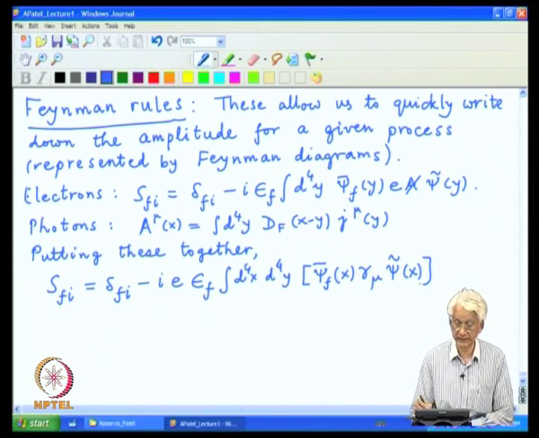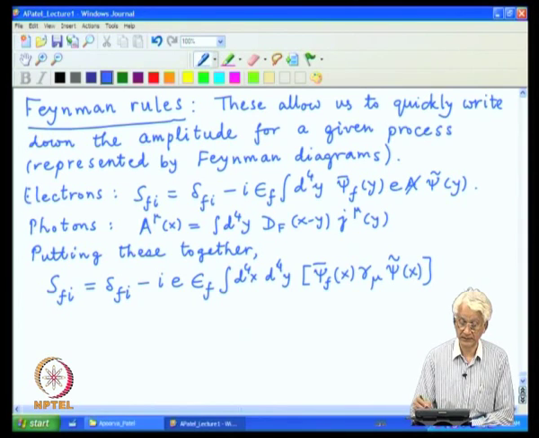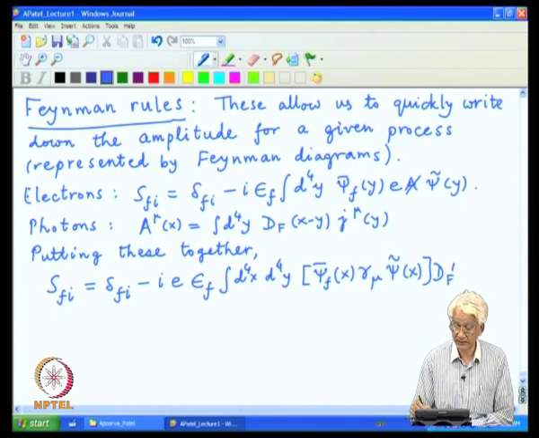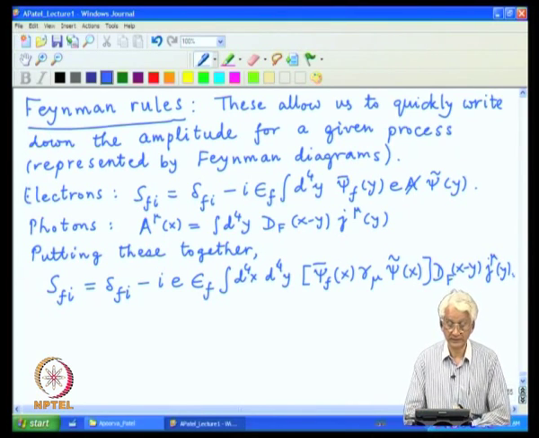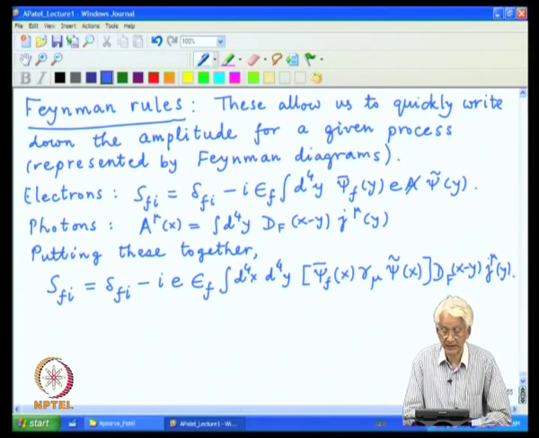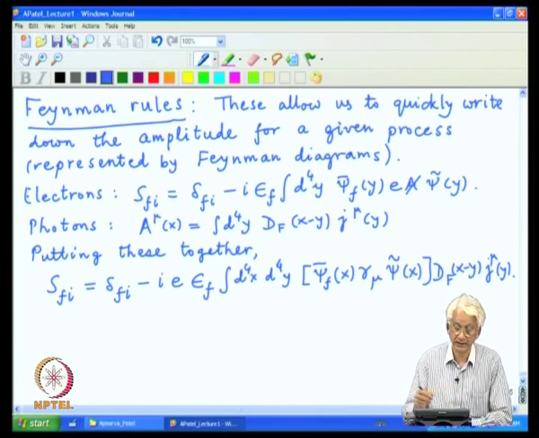So, this quantity in the bracket is nothing but what was there in the electron equation, but the A part is now written explicitly in terms of the source, and this is a combined equation which is in a form which can be iterated as many times as necessary.